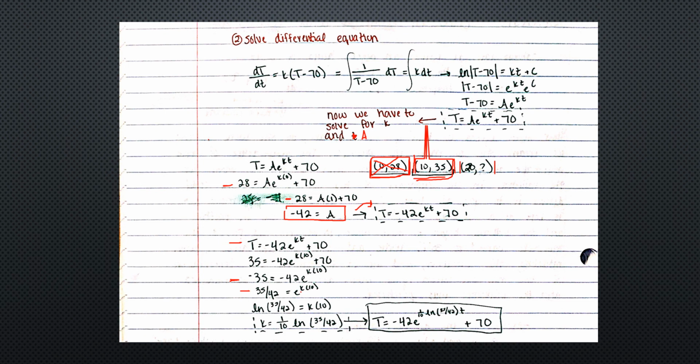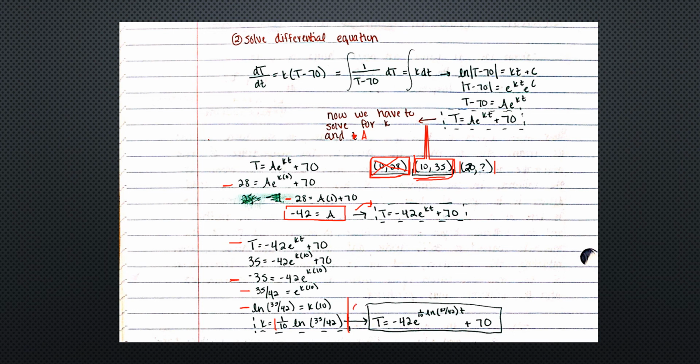In order to get rid of this e, we need to use the natural log on both sides. So we get ln of 35 over 42 equals k times 10. We divide both sides by 10 to give us our k value, which is 1/10 ln of 35 over 42.